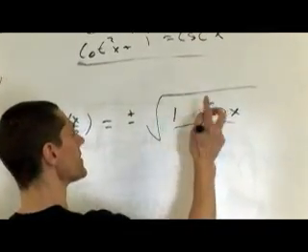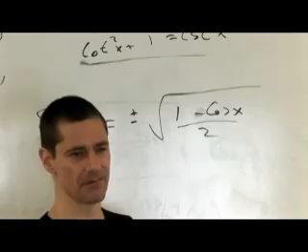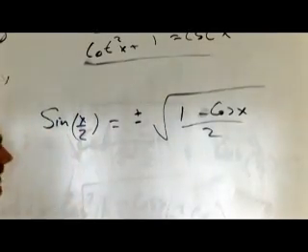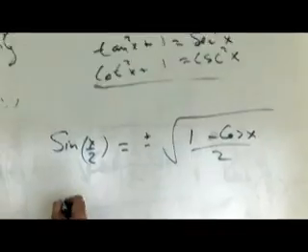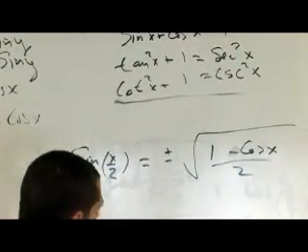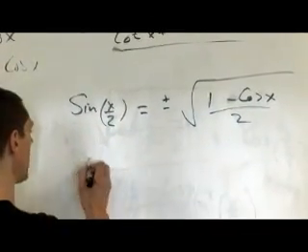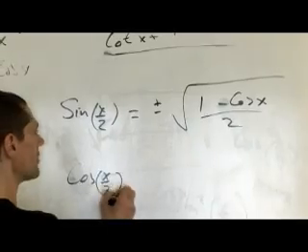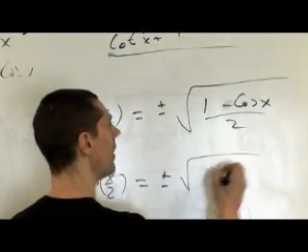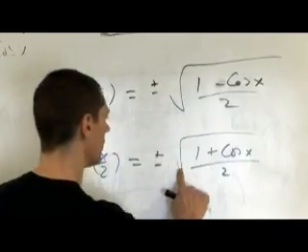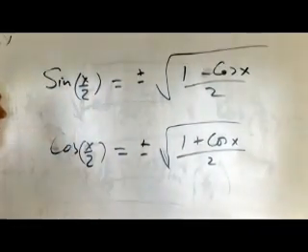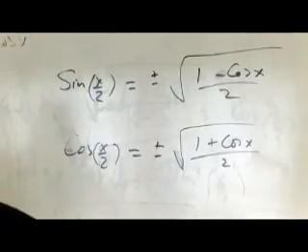I'll show you why in a second. I have to check every time, either by deriving it directly or looking. These you really got to memorize. They show up enough so that they probably will get in your memory, especially in calculus. Plus or minus, 1 plus cosine x over 2. Let's prove that this is true.